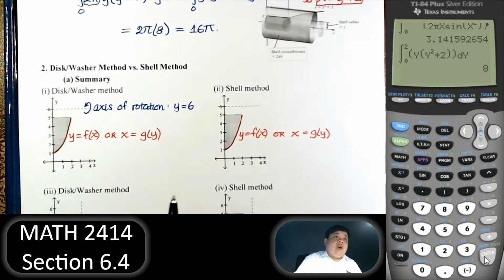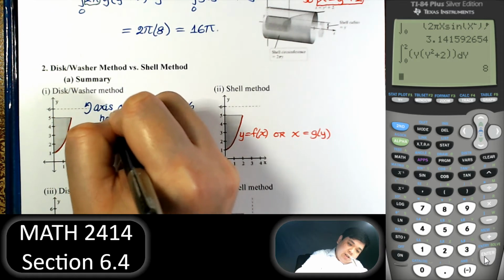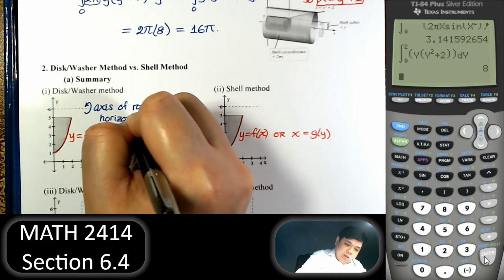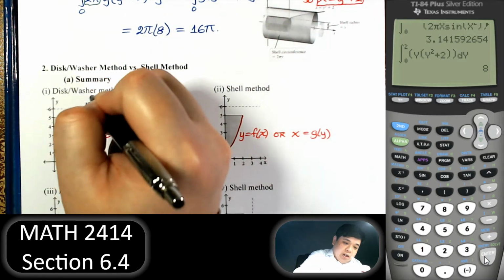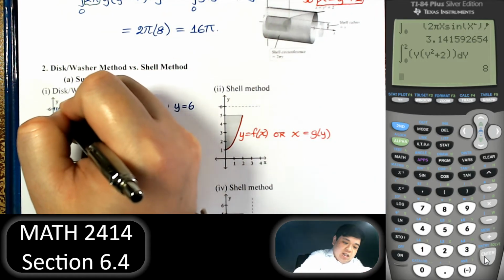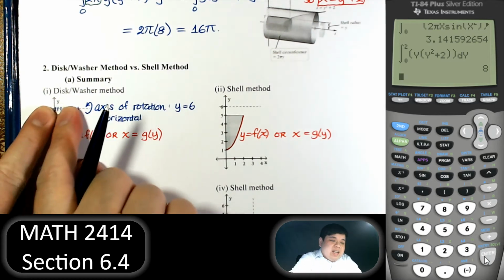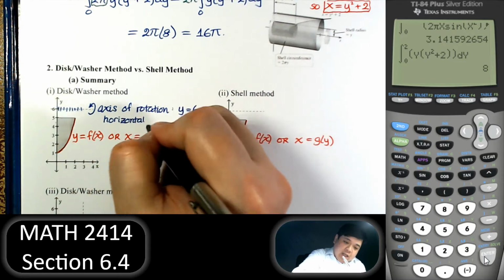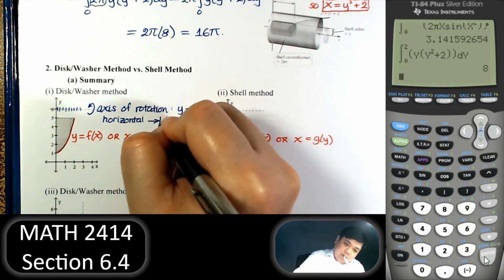In this case, it is horizontal. The washer is slicing, so we're going to slice perpendicular to the axis of rotation. Therefore, each small increment is going to be dx.